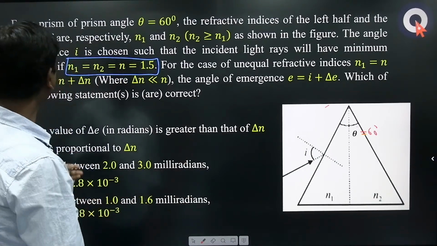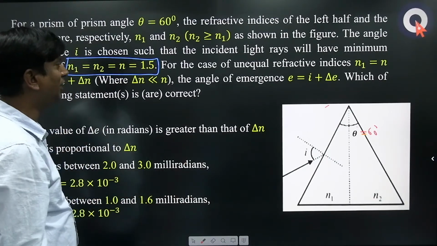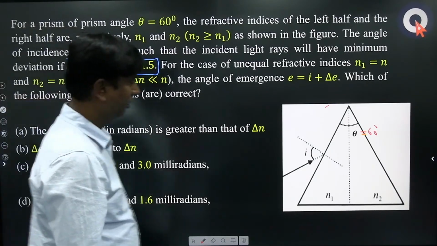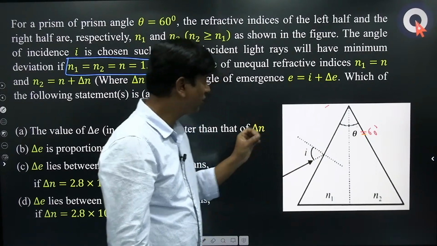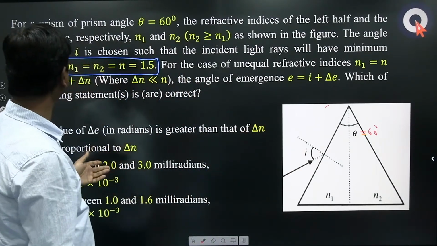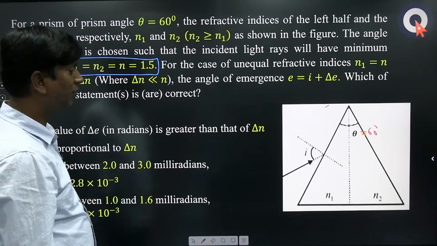The angle of incidence I is chosen such that the incident light ray will have a minimum deviation. So you are choosing this angle I in such a way that it will have a minimum deviation if N1 and N2 both are equal to 1.5.